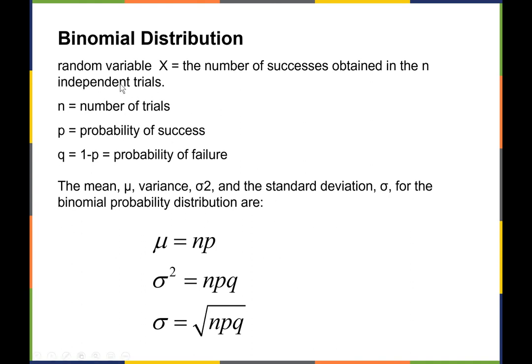For a binomial random variable, the mean, variance, and standard deviation can be computed with these formulas. The mean is equal to the number of trials times the probability. The variance is equal to the number of trials times the probability of success times the probability of failure. And as always, the standard deviation is the square root of the variance.